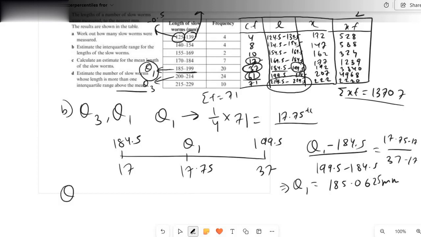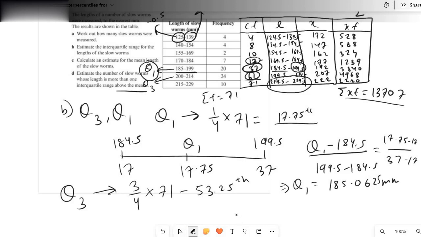And for the upper quartile, we know that it lies at 3/4 of the data. So 3/4 multiplied with the summation of f, or the total frequency, which is going to be 53.25, meaning that the upper quartile is at the position of 53.25.